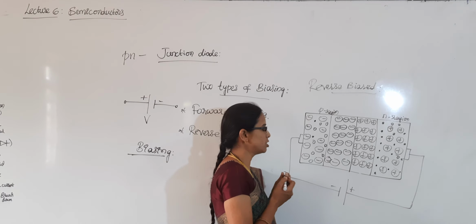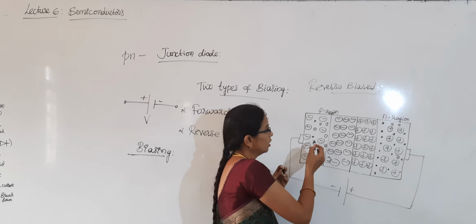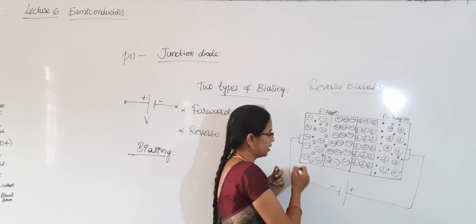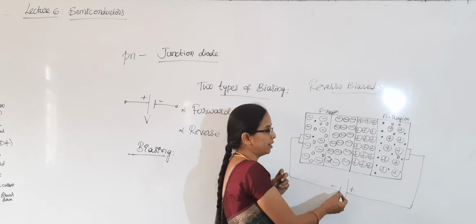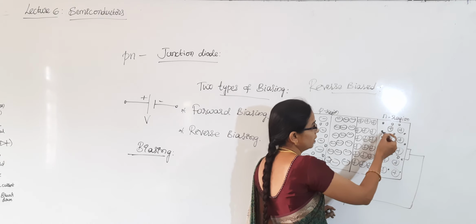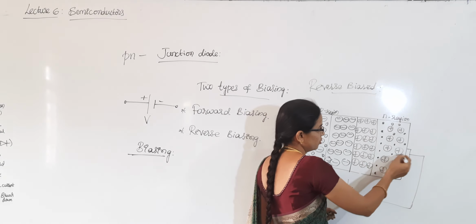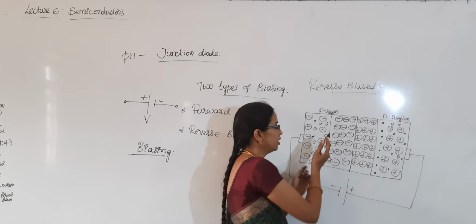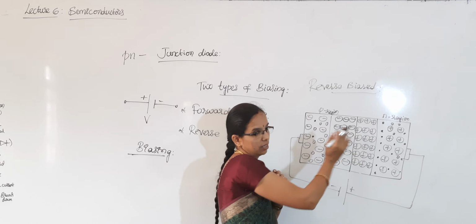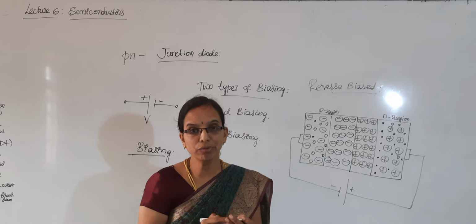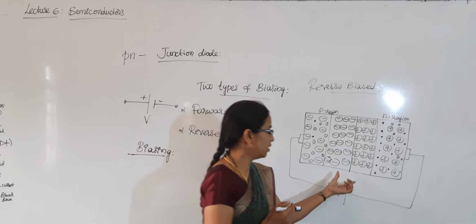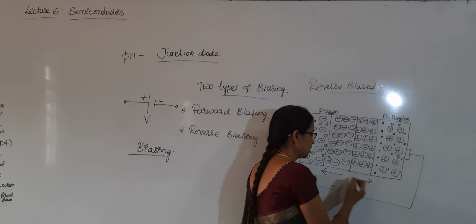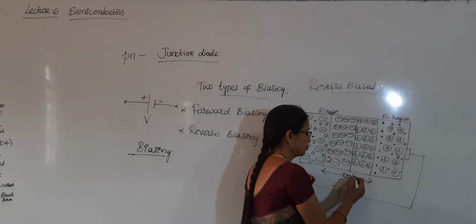What happens when the diode is reverse biased? The holes in the P region are attracted towards the negative terminal of the battery. Similarly, the electrons in the N region are attracted towards the positive terminal of the battery. They move away from the junction. The free charge carriers move away from the junction and the width of the depletion region increases.